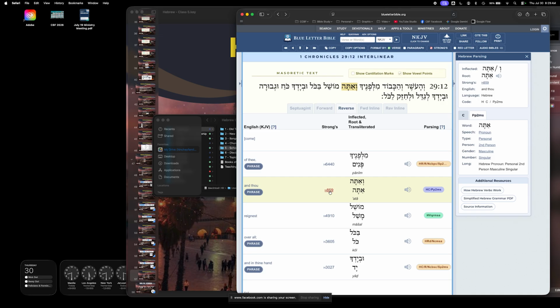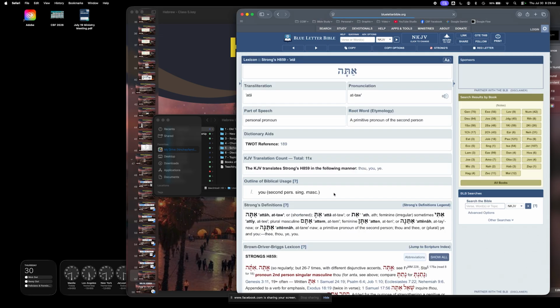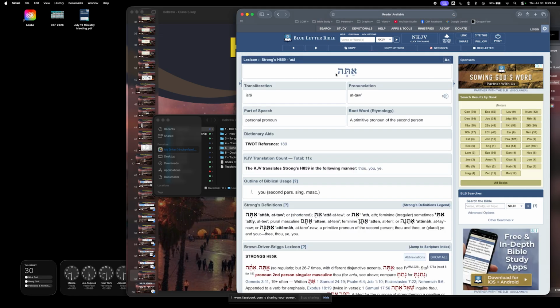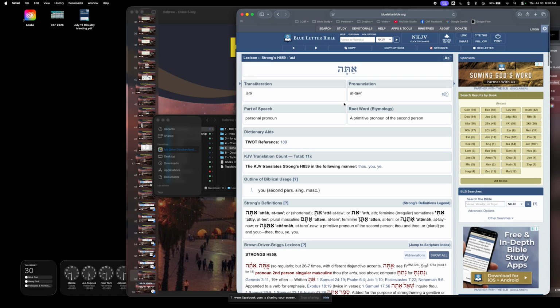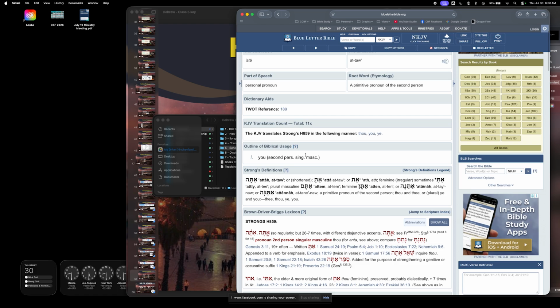H 859. It is the word ata. How do we know it's ata? Because you have the aleph, you have the pata, you have the tau with the dagesh lene, so it's a strong T, not a TH sound, it's a ta. You have the comets, and then you have the ha, so ata. What does it mean? You. Pretty straightforward.